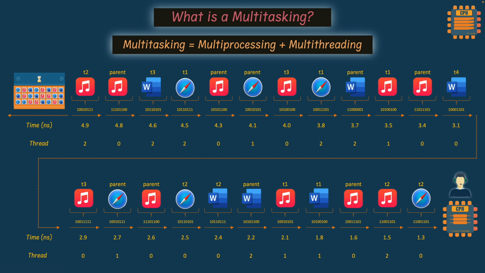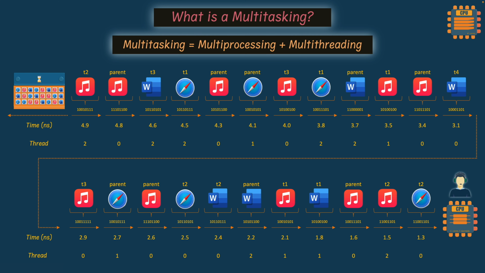In the image, we have three applications: Microsoft Word, Apple Music, and the Safari browser. Each of these applications has a parent process, and all of them have multiple threads that are running in parallel to their respective parent processes. As you can see, the scheduler has decided the CPU threads where the parents and its child threads are processed.